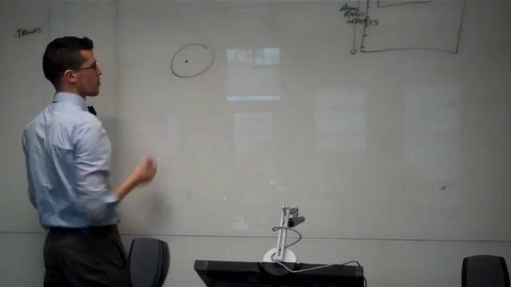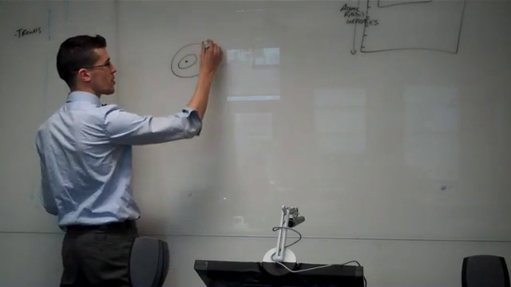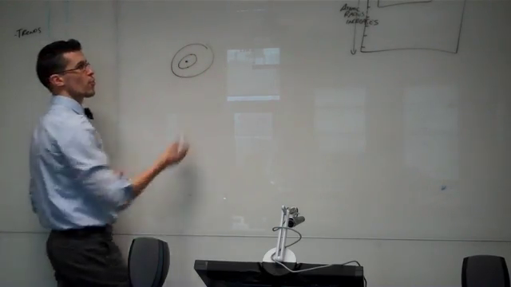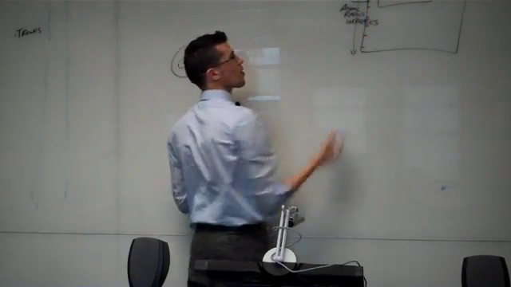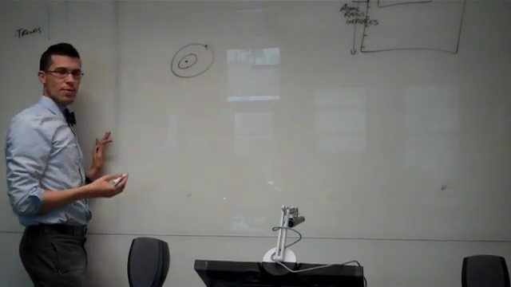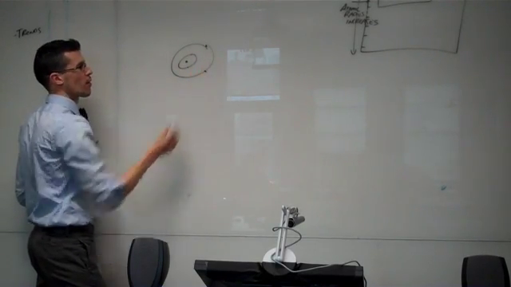So let's say that you've got this shell. I'm going to do the second shell. Say you're in this shell. You've already got 2 electrons in the core, so we're on the second row right here. And we're going our way across. The first electron is going to be added right there. The next one gets added right here.